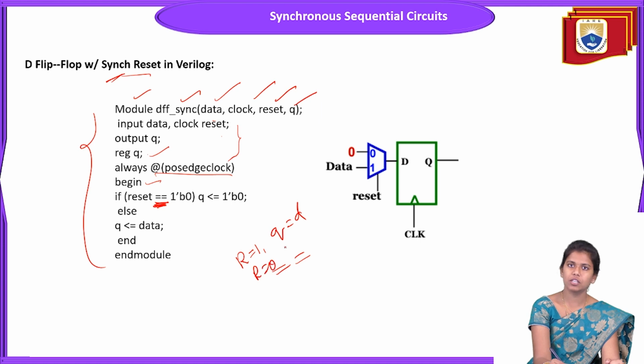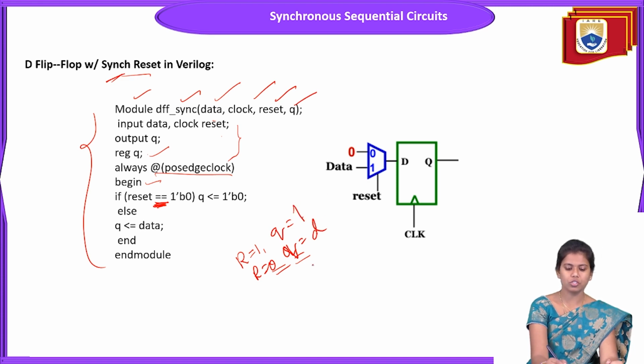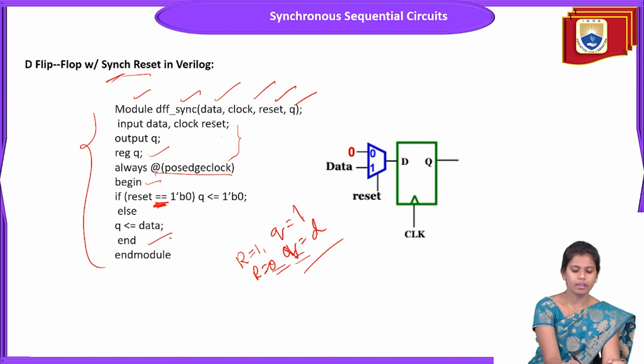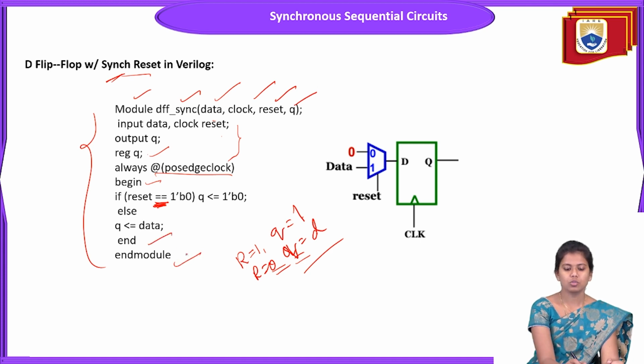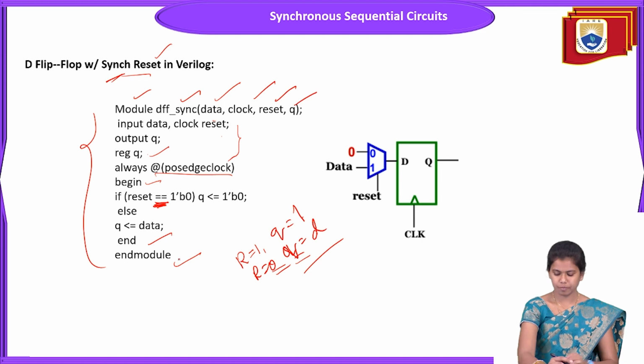And if reset is 0, then Q is equals to D. And then end module. Okay, so this is how the D flip-flop is going to reset with respect to the synchronous reset.